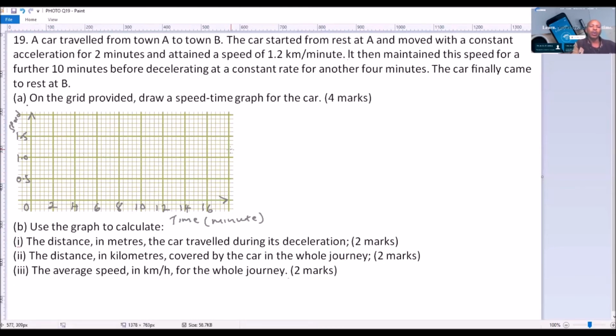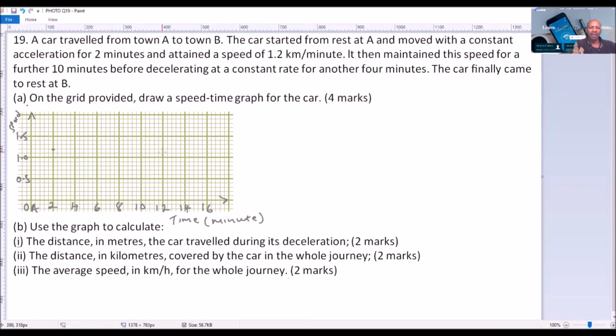Now, since we are required to draw the speed time graph, we start from 0. So our point A is here. It has accelerated for 2 minutes and attained a speed of 1.2, so our speed is there. Then it maintained that speed for 10 minutes, so from 2 we go up to 12.